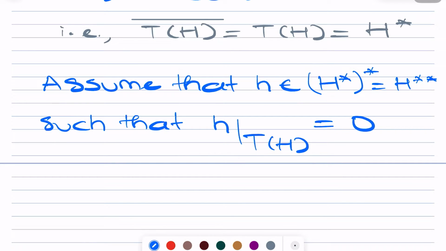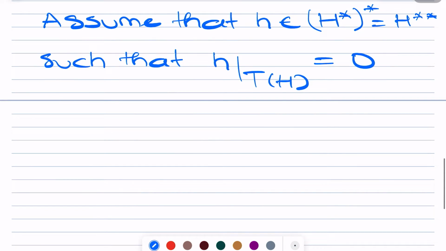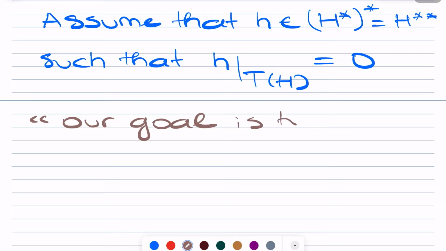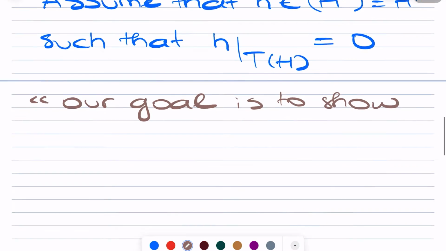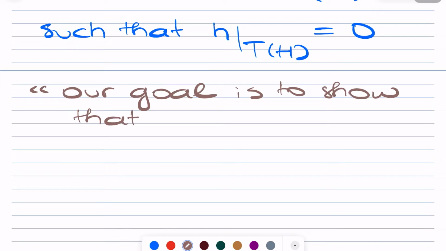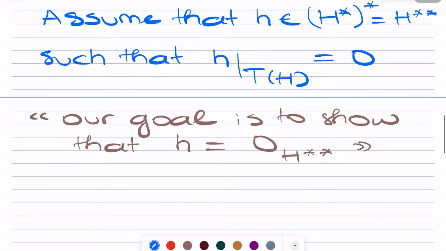This vanishes identically on T(H). Our goal is to show that h is the 0 of the bidual. By showing this, we are basically showing that T(H) is dense in H star.